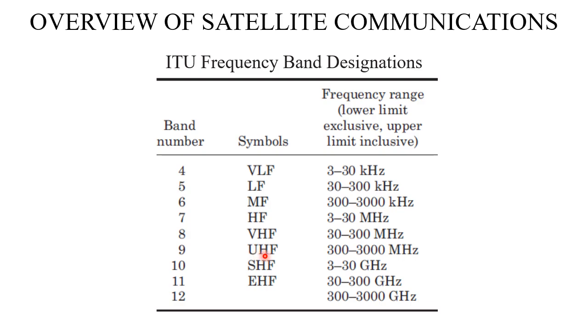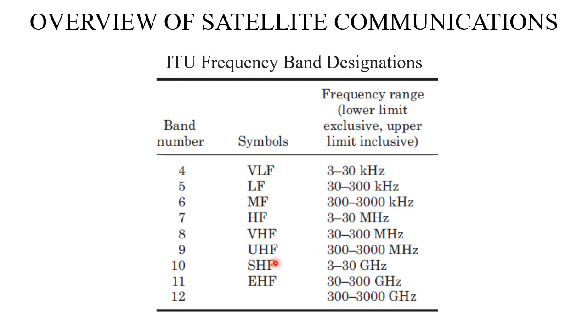Next one is the UHF or ultra high frequency range, that is 300 to 3000 megahertz or 3 gigahertz. This huge range, actually lots of applications are there like mobile communication, GPS, Bluetooth, etc.